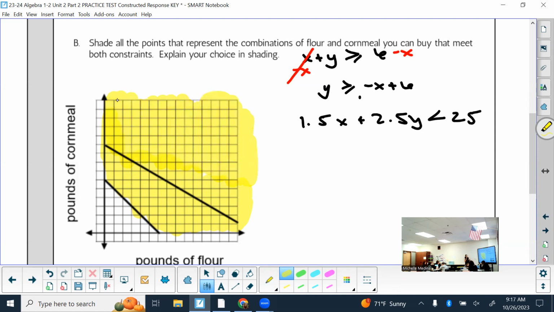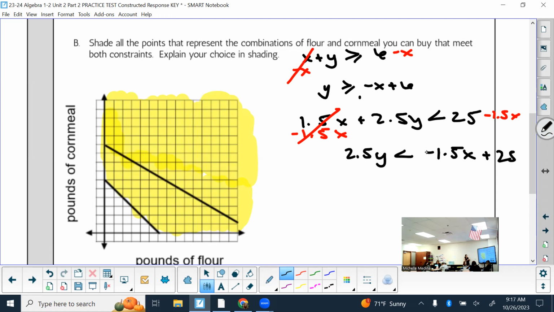Now the other one takes a bit more steps, really just 2 steps. How do I cancel that 1.5x? Subtract it. And then you get 2.5y less than, and these are not like terms, so don't try to combine them, just rewrite them.